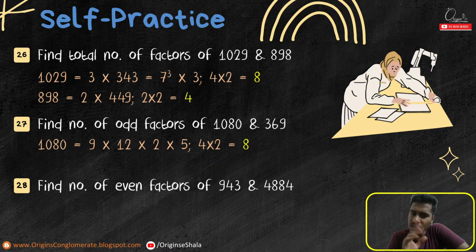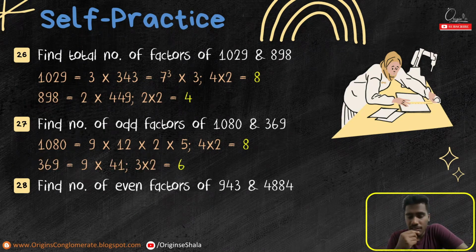But I am concerned about the 3 inside the 12. So that 3 will go with 9. I will be left with 3 cube into 2 raised to something into 5. I'm not concerned about 2 at all because I have to find odd factors. So 3 will have power of 3 and 5 will have power of 1. So again I will be left with TNF of 8.